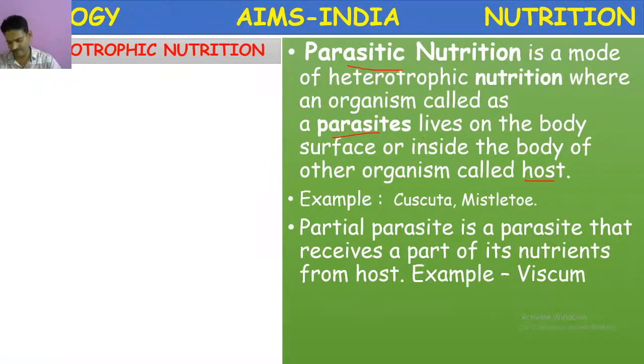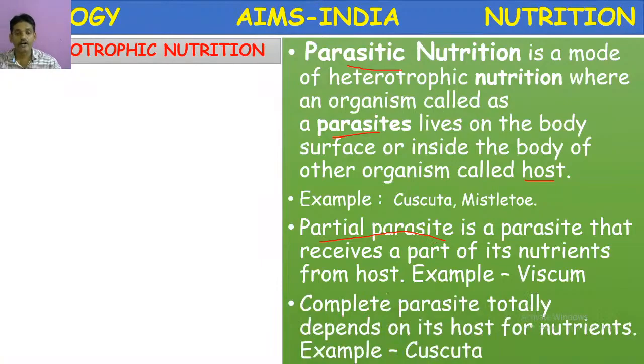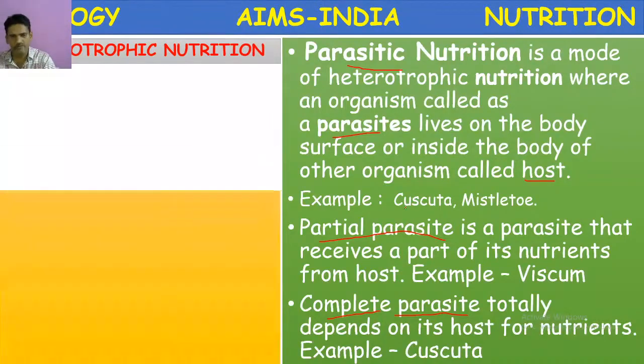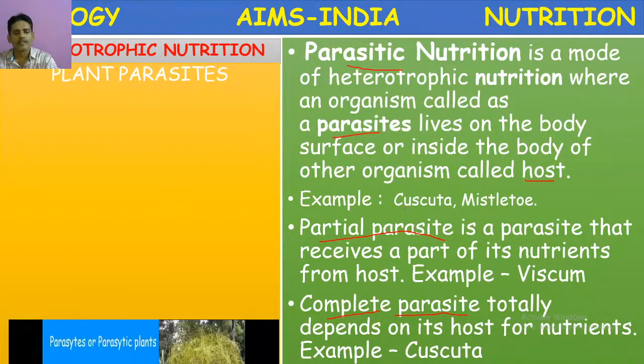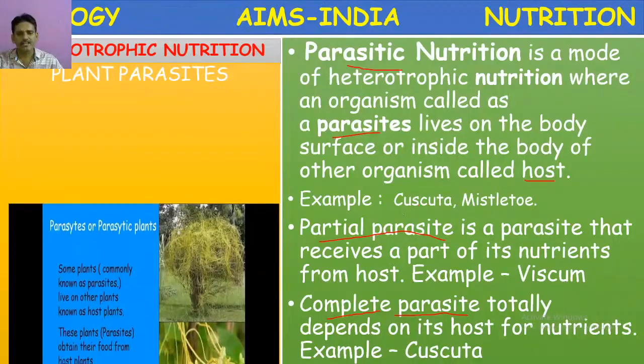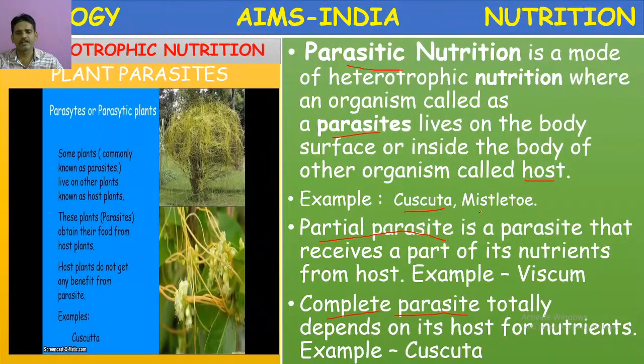These parasites may be partial parasites or complete parasites. Parasitic plant examples: Cuscuta, Mistletoe. These are two examples.